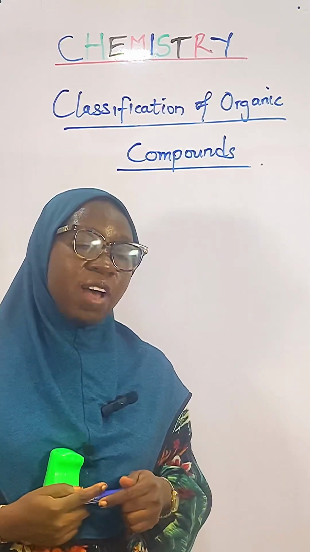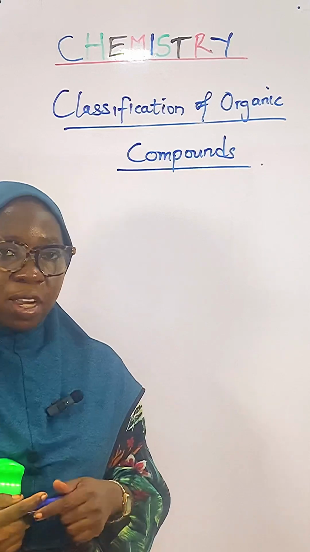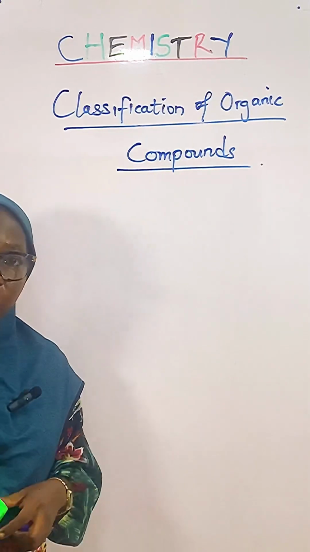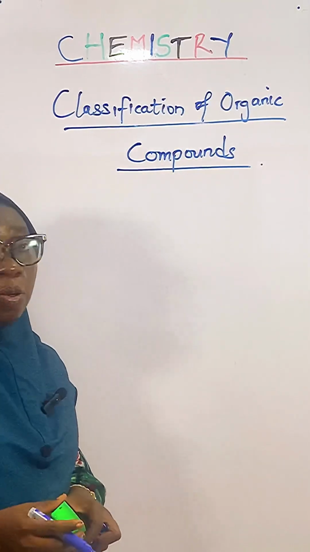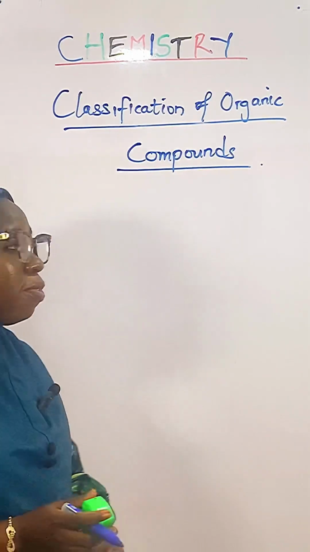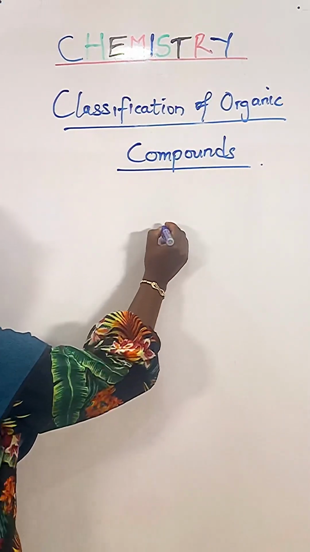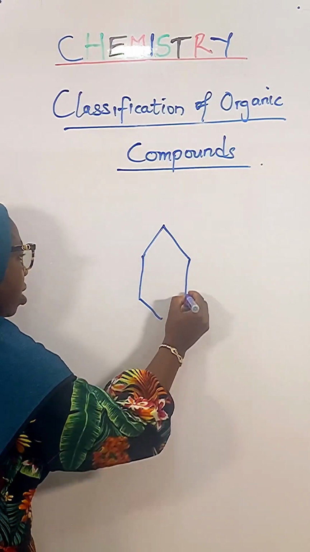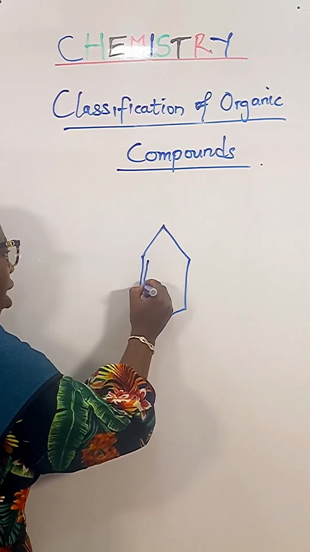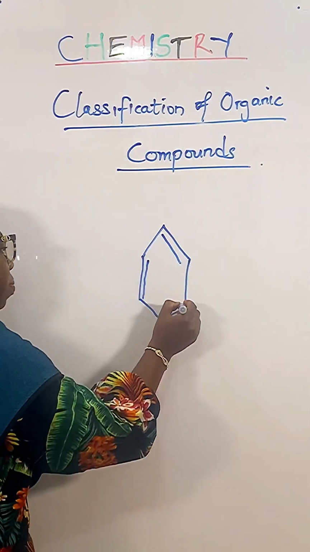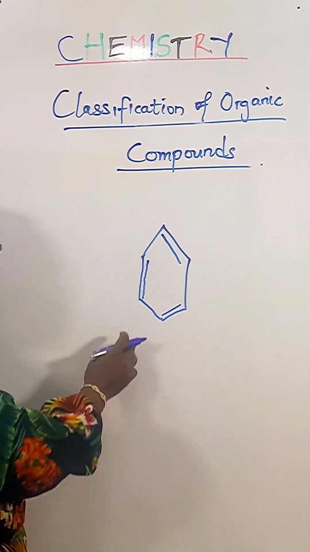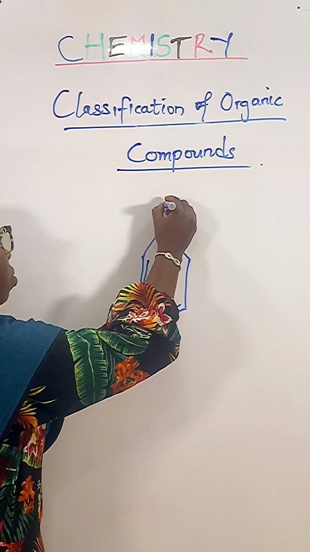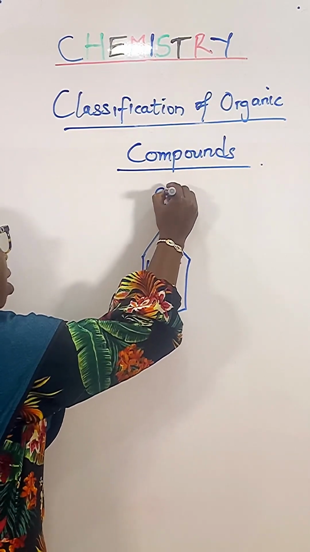I'm still going to give you an example of benzene or toluene. Maybe we should just pick toluene since I've mentioned benzene before. Toluene is more or less like benzene, but the difference between the two is that toluene has an extra methyl group. Remember, this is the structure of benzene, then toluene now has an extra methyl group.